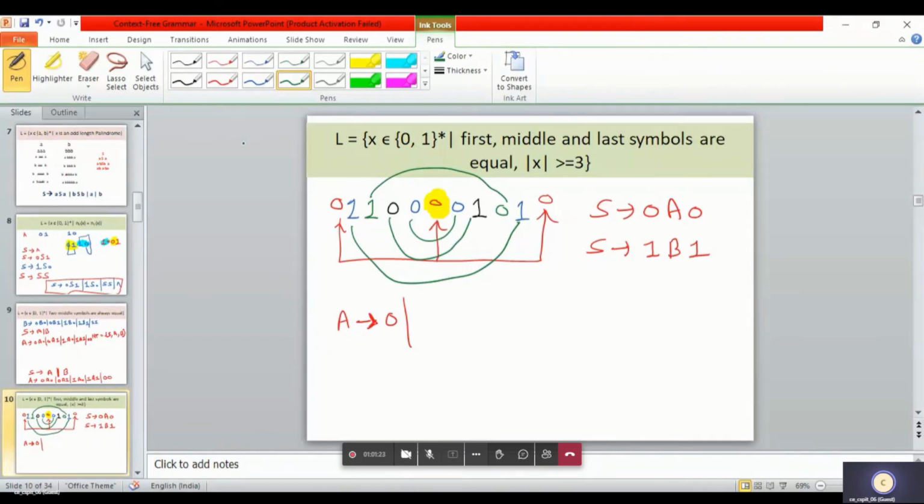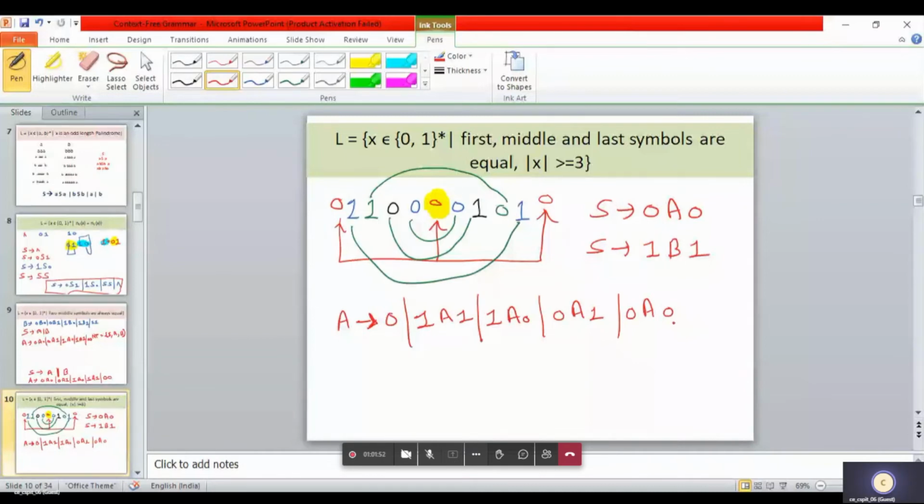So because of that, we'll write 1A1, 1A0, 0A1, and 0A0. So now you can have any valid combination, 1A1, 1A0, 0A1, 0A0, and at last you will terminate this A with 0.